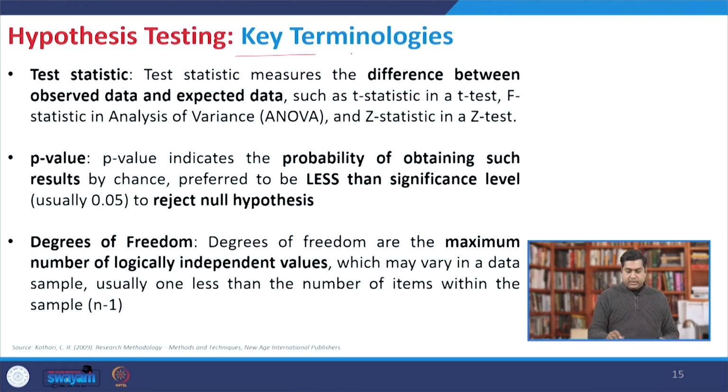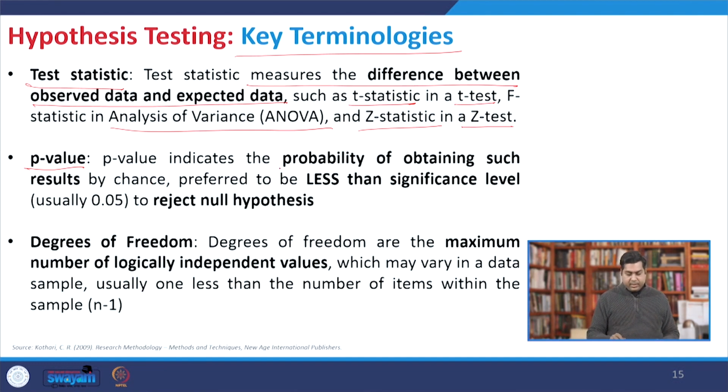Now, let us understand some key terminologies. Test statistic is something that I have just mentioned. It measures the difference between observed and expected data, such as the t statistic in a t test, the F statistic in ANOVA, and the Z statistic in a Z test. The p value is another important term, which relates to the significance level.